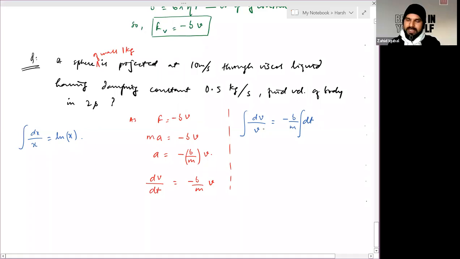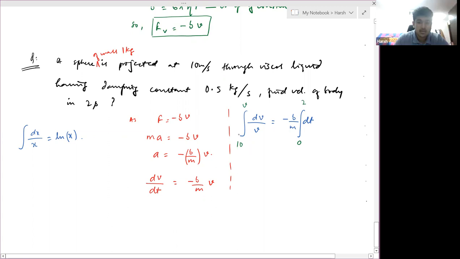To find this, let me define the limits. Initially, at time 0, the body is projected with 10 meter per second. So it has velocity 10 meter per second. At time t equals 2 seconds, we have to calculate its velocity v. Is it clear?